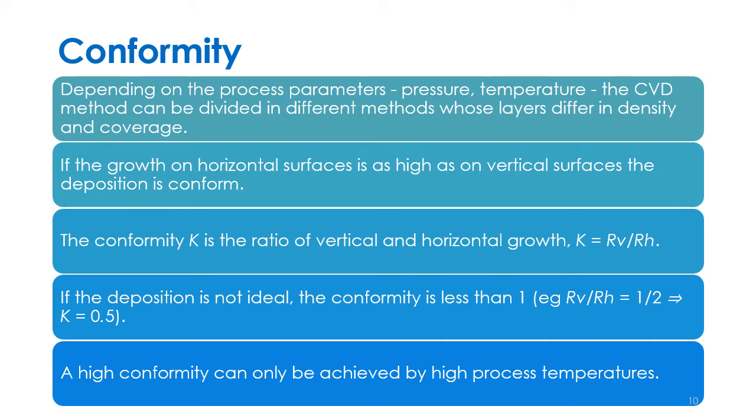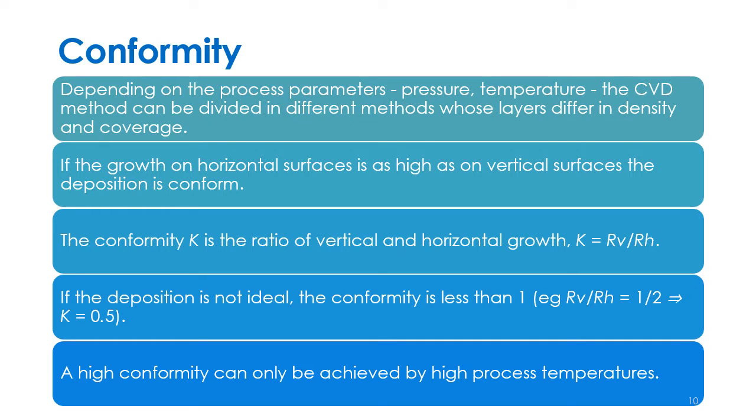The conformity is represented as K, the ratio of the vertical and horizontal growth. So the equation is K equal to RV over RH, the thickness of the deposited layer on the vertical and horizontal surfaces.